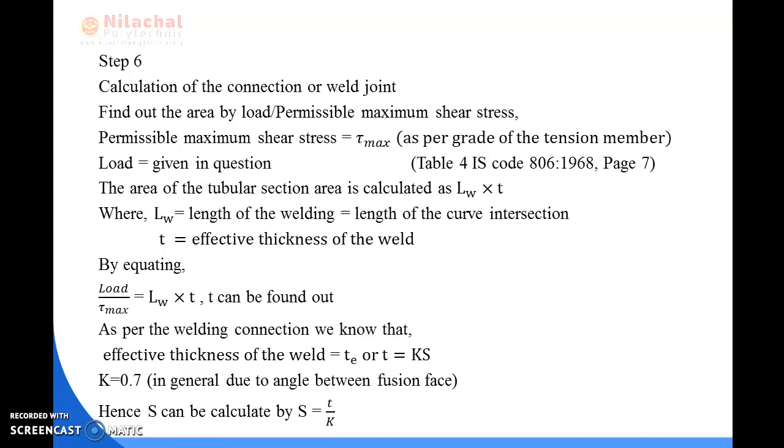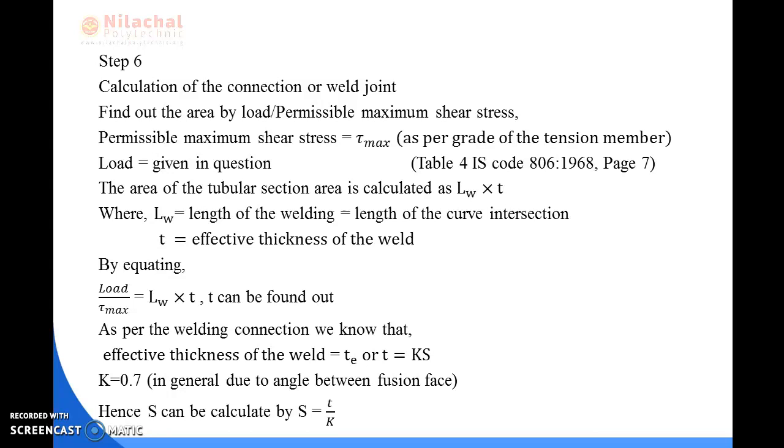The next step is step 6. Here is the calculation of connection or weld joint. So find out the area as load divided by permissible maximum shear stress. The permissible maximum shear stress, denoted as tau max, we have to choose as per the grade of the tension member. Then the load is already given in the question.